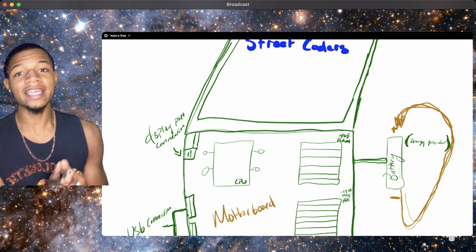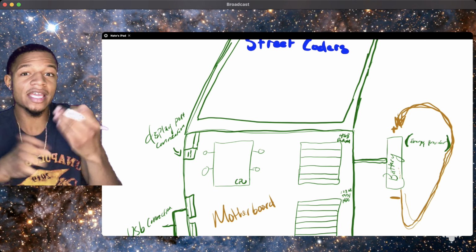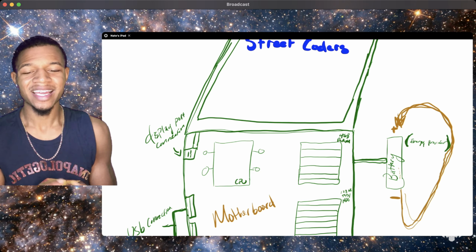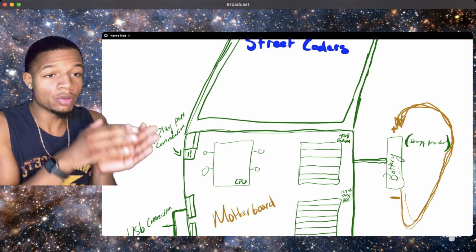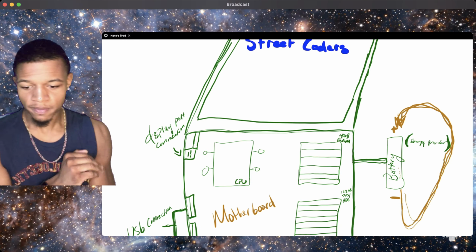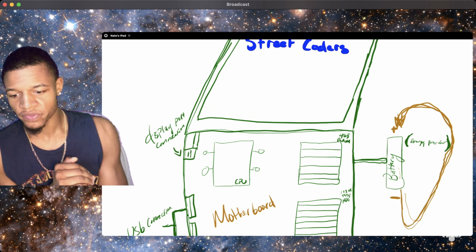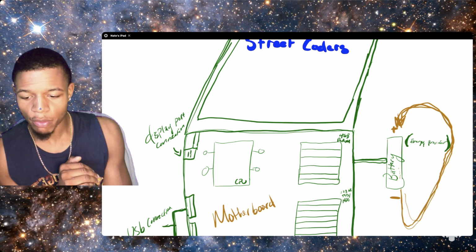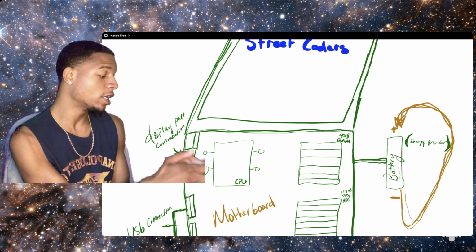Well, the way that it does its processing is with this central processing unit, right? This thing called the CPU. That's what it's called, the CPU. It is what people call the brains of the computer.